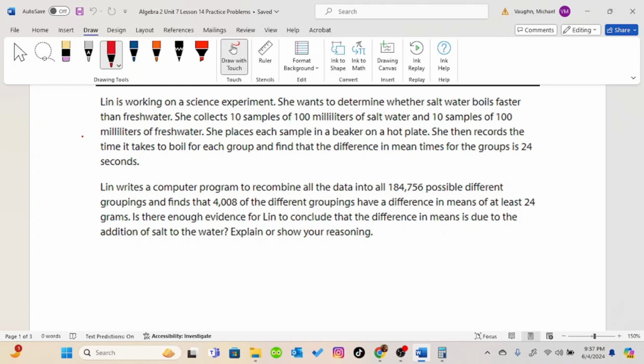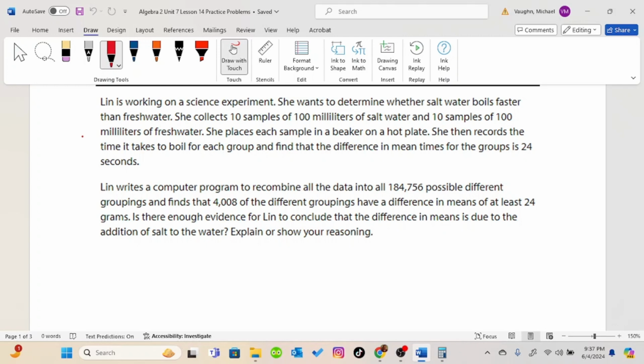She places each sample in a beaker on a hot plate. She then records the time it takes to boil for each group and finds that the difference in mean times for the group is 24 seconds.